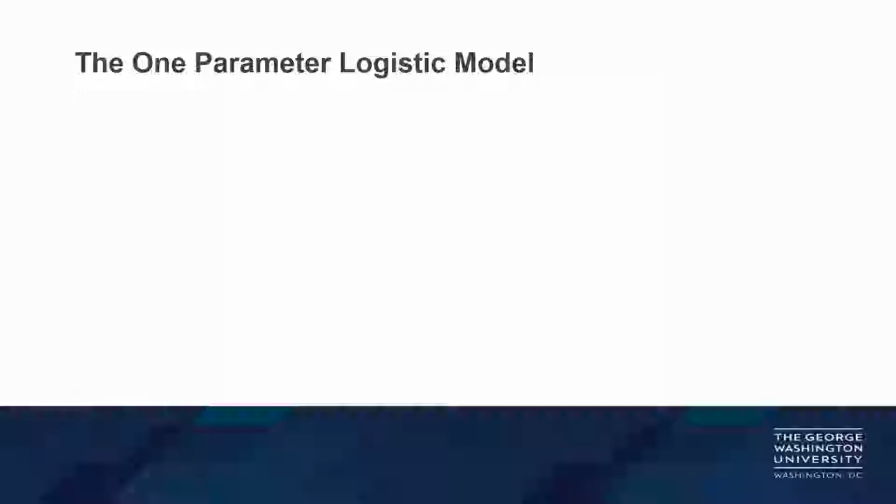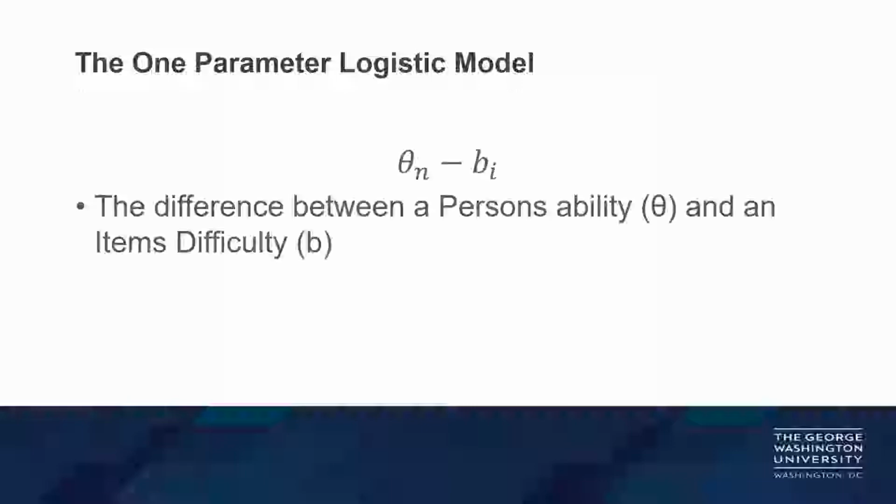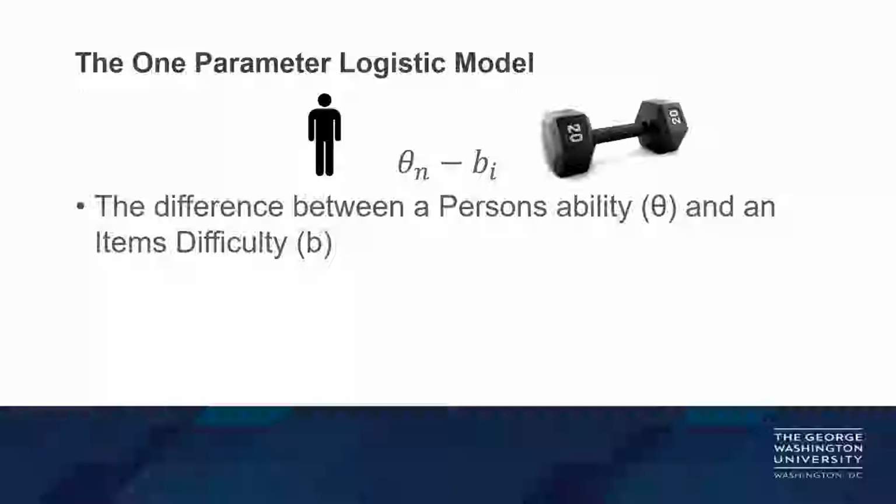When we first encounter a logistic model, some of you may have difficulty with the mathematics, and that's fine. So let's break it down to the simplest form. We have the difference between a person's ability that we call theta and an item difficulty, B. So we have a person, and we have an item or task that they may be performing. Here we see a person and a weight. We can think about theta as your underlying ability to lift weights, or lift things in general.